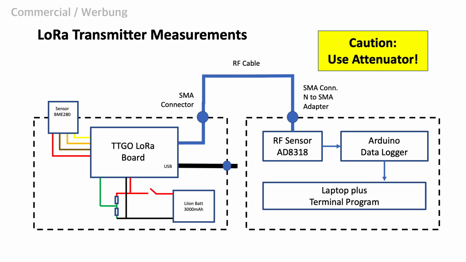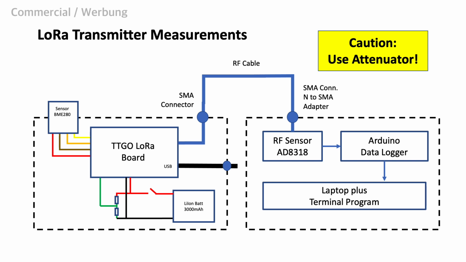Next, we want to talk about the RF measurements of our LoRa transmitter. And here I have to give you an important warning first. Don't connect strong transmitters directly to a sensor input. It would immediately destroy the sensor. Our AD8318 sensor is rated for 10 dBm input maximum.